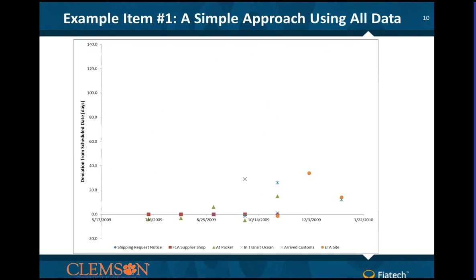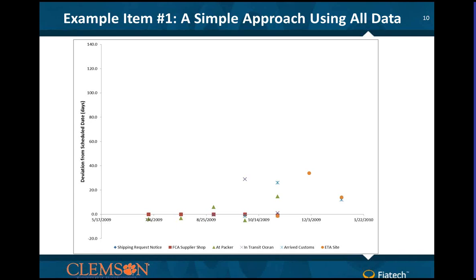If you look at an example item, here's a very simple scatter plot of a variety of those data points that I just mentioned. You'll see the legend at the bottom. But what you're looking at is the difference between planned and actual. So a positive number means it was later than I thought, and a negative number means it was earlier than I thought.